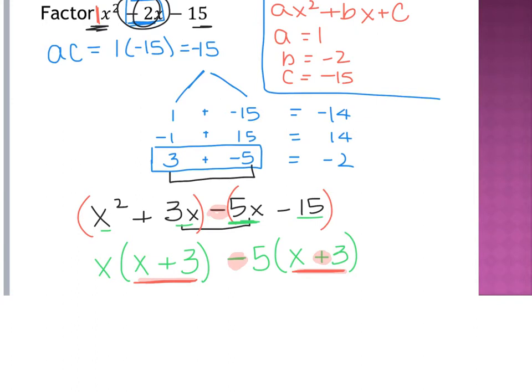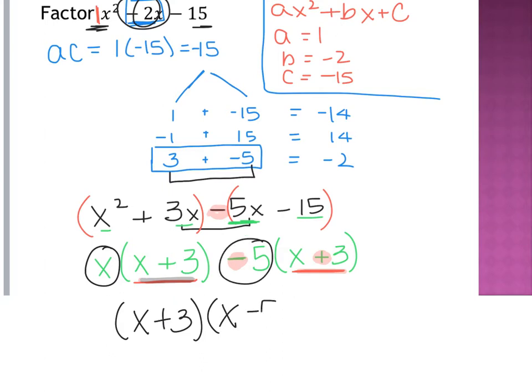Okay, so now what we can do with our groups is, whatever group is the same, this is going to be the common factor. So I'm going to take my x plus 3 and pull that out up front, and whatever is left, an x and a minus 5, goes in the next set of factors.